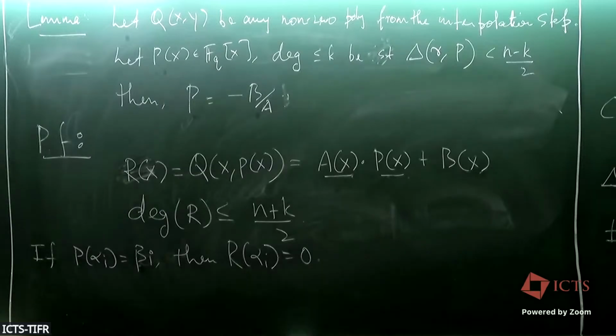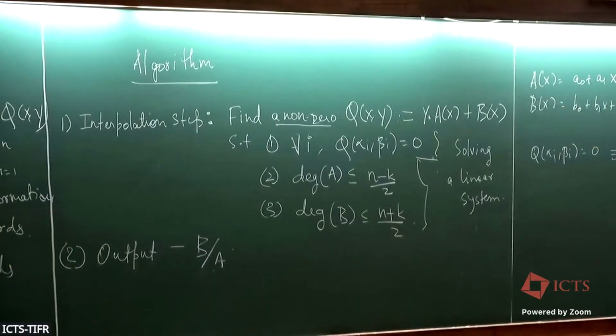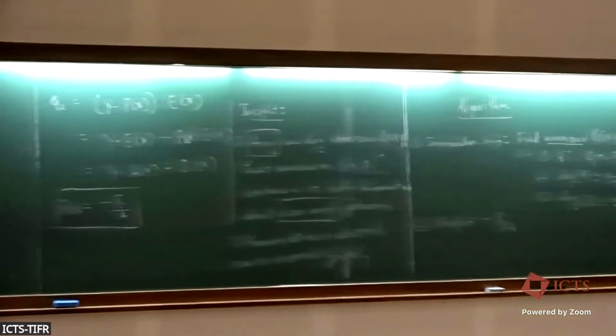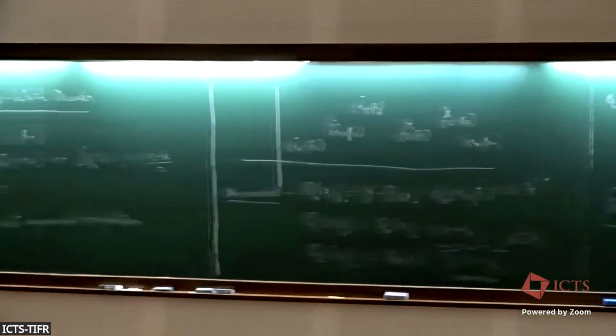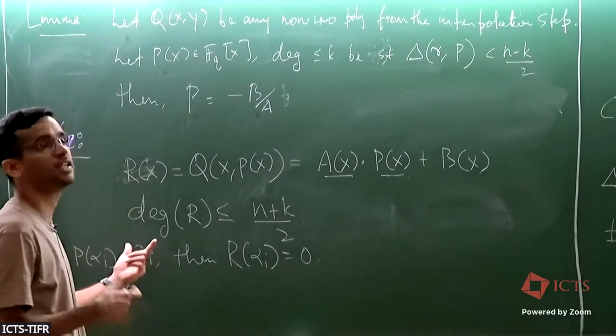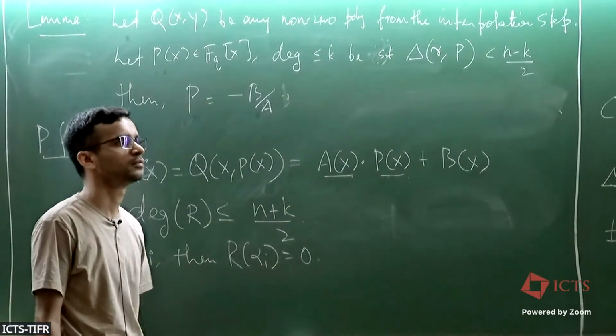So we construct the linear system corresponding to the n homogeneous linear constraints, solve the system using your favorite linear system solver, and find a non-zero solution. So that's how we find Q. I didn't say it in the algorithm, but I said it after. So the claim is that if alpha i is a good point, meaning P of alpha i equals beta i, there's no error here, then R of alpha i must be 0. Why is this true?